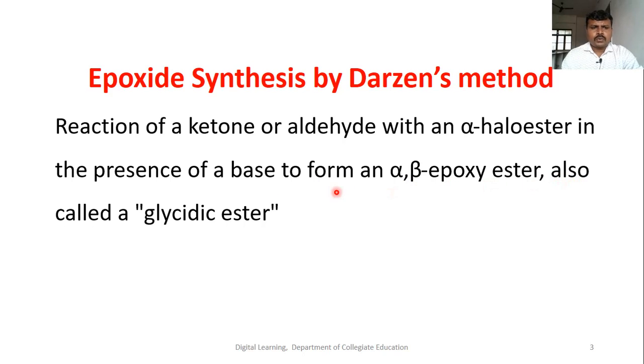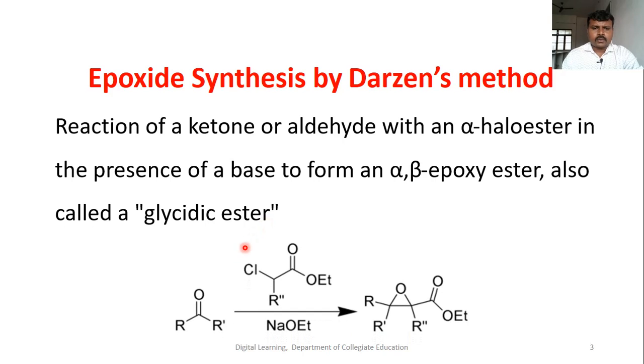This ester is also known as glycidic ester. The general equation for this reaction can be shown as below. This is the general equation for Darzens' method of epoxide synthesis.